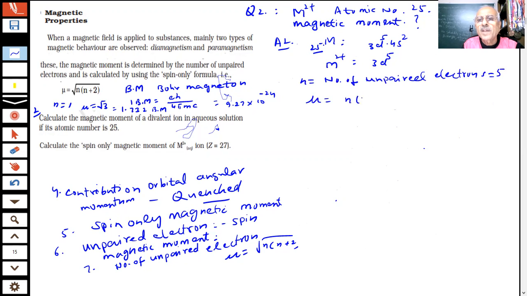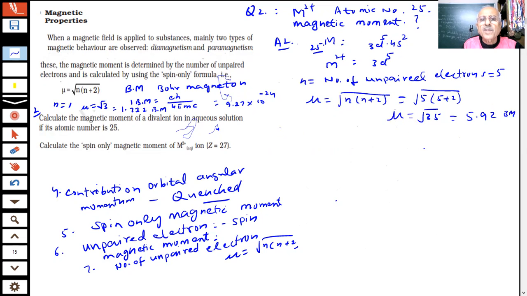Mu is equal to under root n into n plus 2. So under root 5 into 5 plus 2, 5 into 7, under root 35. This will be slightly less than 6, 5.92. So we can calculate it. We have to write the units; they have to be mentioned.